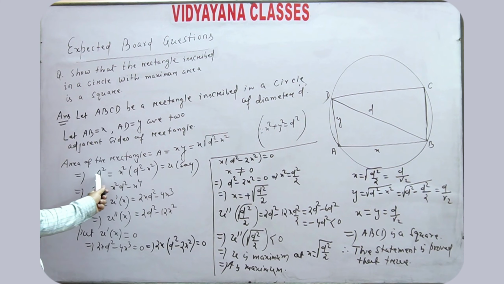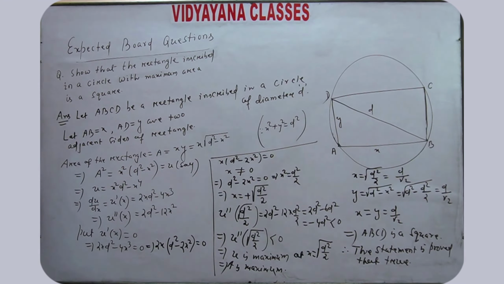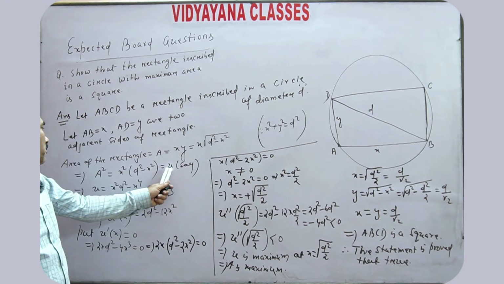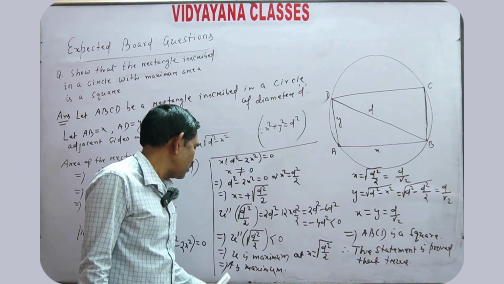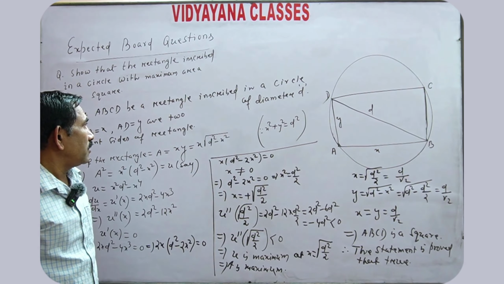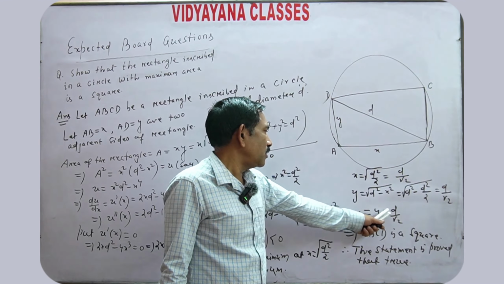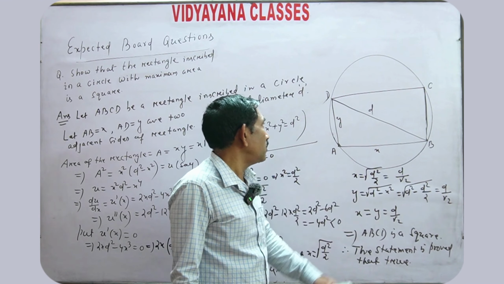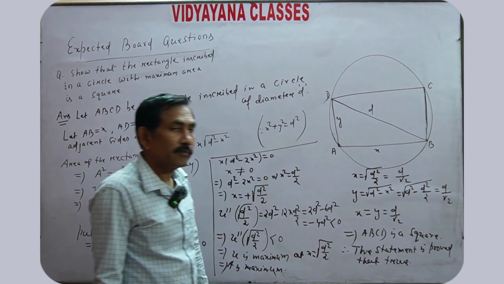U is the function of area. U increases, area increases. U is maximum, area is maximum. U is maximum at this point, so A is maximum at this point. As x is equal to y is equal to D by root 2, ABCD is a square. Clear?